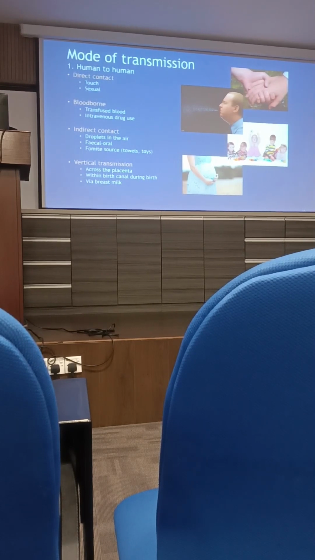Fomites are inanimate, non-living objects, which can be a mode of transmission, like sharing of towels, and children in the nursery sharing toys and so on. They can also transmit through these fomites or inanimate objects. That is the indirect contact.